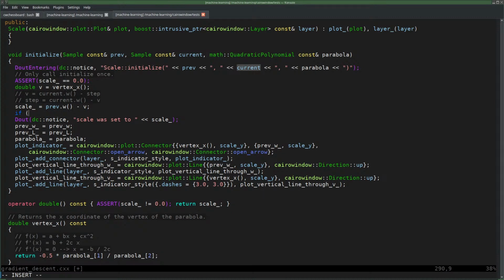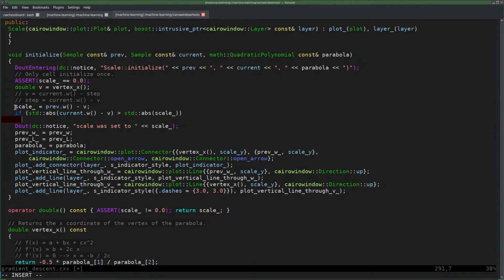So if current minus v, yeah, but then the absolute value of that is larger than the absolute value of scale, then scale should be set to that one.